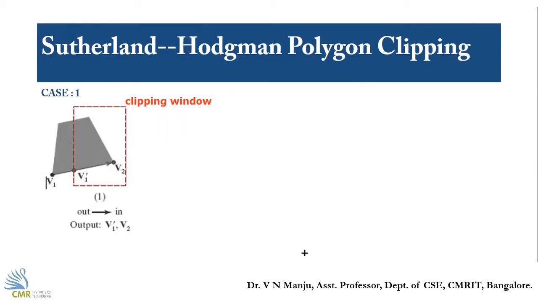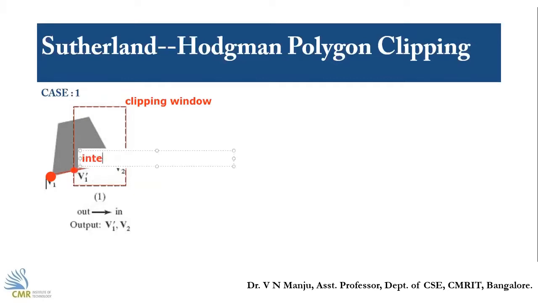You can see the line goes from this direction to this direction. So I can say that the line is going from outside to inside. This is one vertex and this is another vertex. When it goes from outside to inside, I will take this as the intersection point.